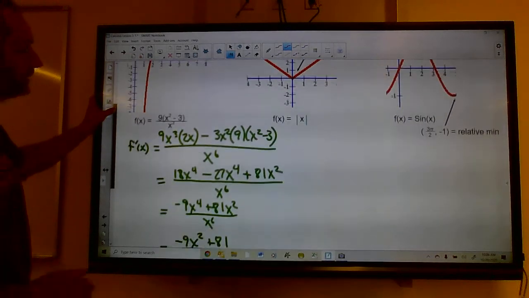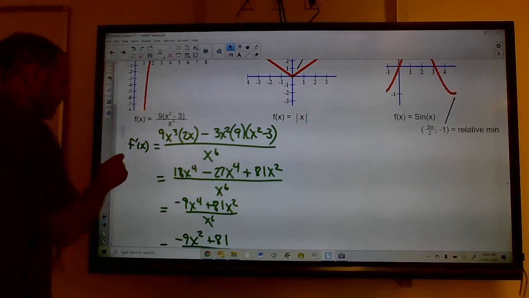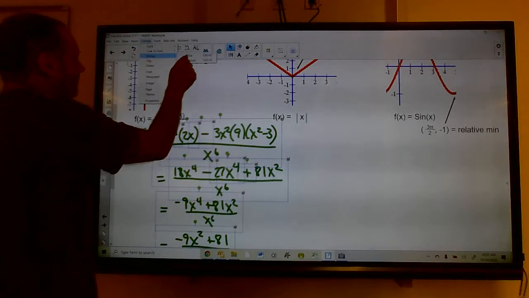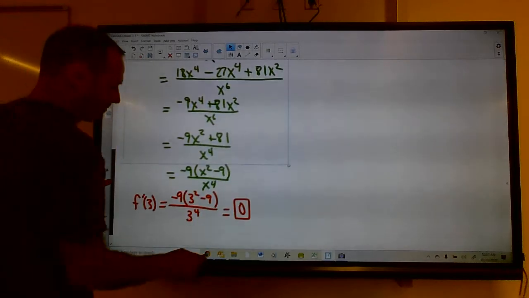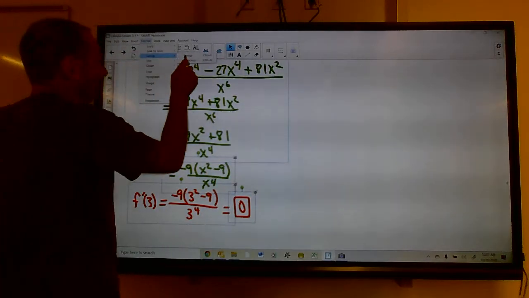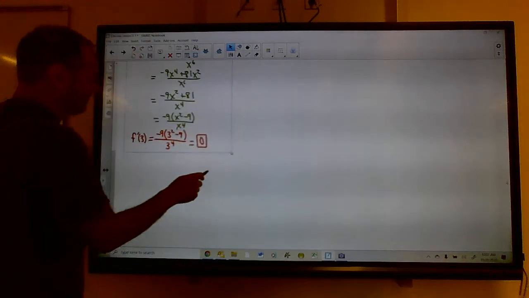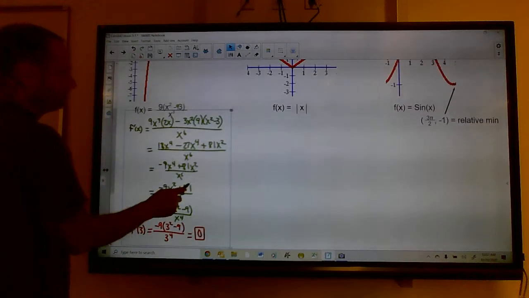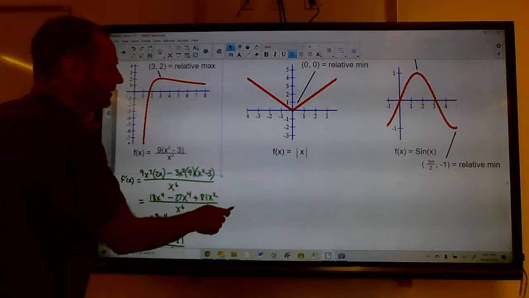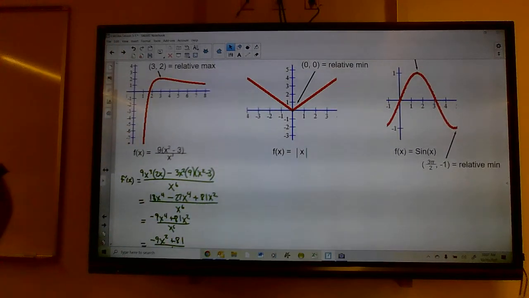Okay, let's look at the next one. Make some room here. Okay, f of x is the absolute value of x.